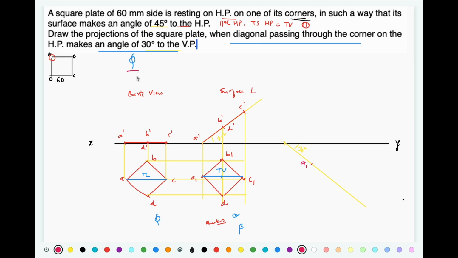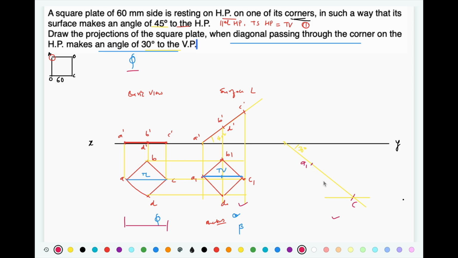Let's say I have located this point A1 at some random distance. As the given angle is phi, I cannot directly draw this A1C1 at 30 degree incline. I have to draw this true length. So I will take the distance of this AC in a compass, locate that point C and draw a locus through that point. Next, ideally I am supposed to redraw this view over here once again. So now I'll take the distance of A1C1 in a compass, that is the top view of the diagonal AC.